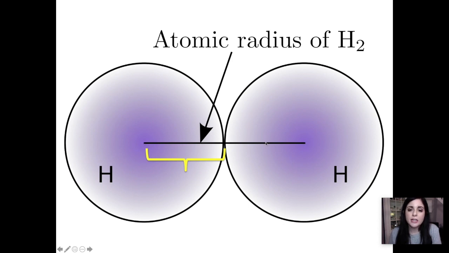Those two nuclei are separated by some distance. Because this is a radius, it's 1/2 of the distance between bonded atoms. So this right here is the atomic radius. In this case, this is for diatomic hydrogen, or hydrogen bonded to itself.